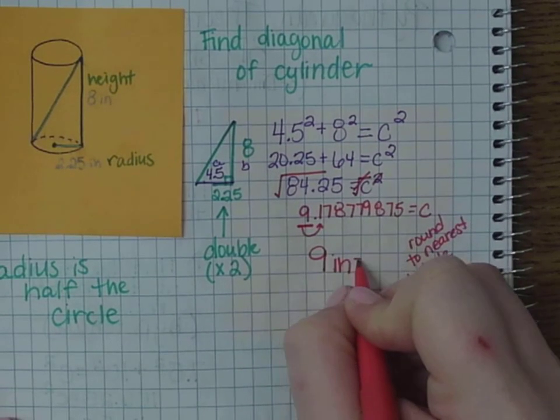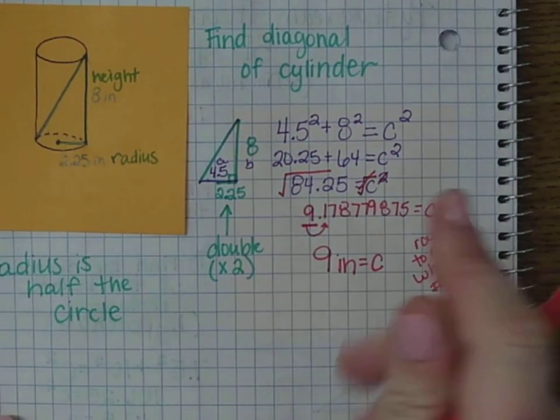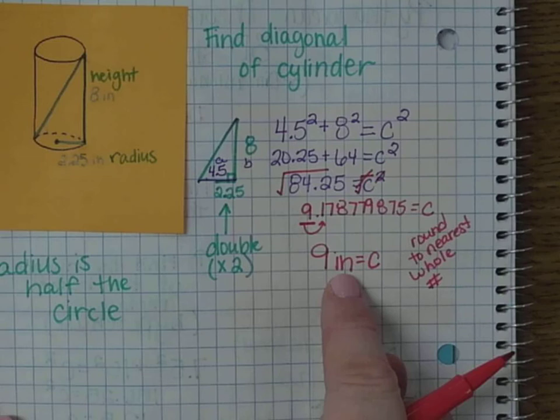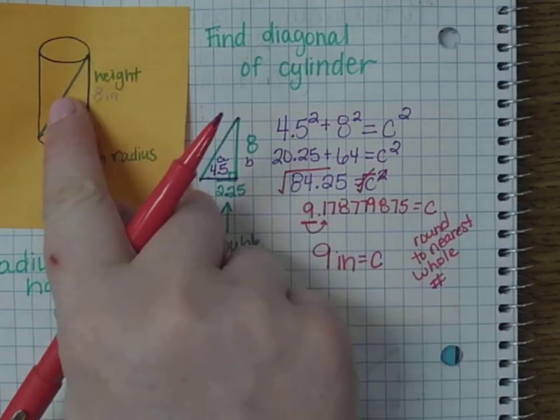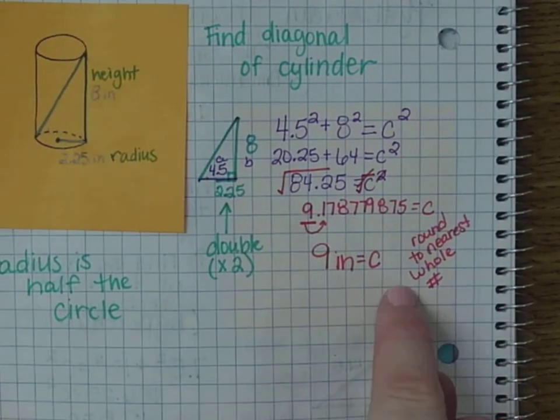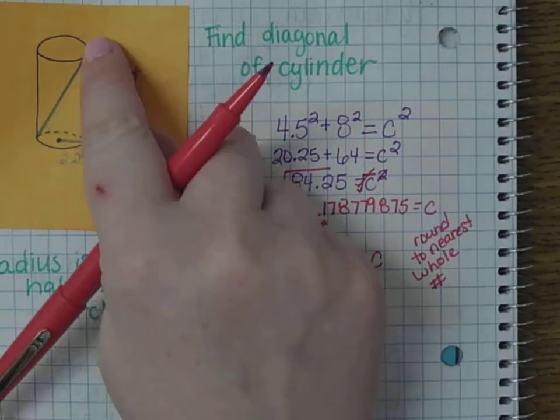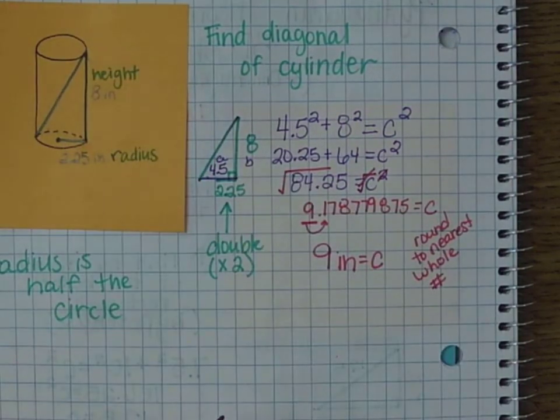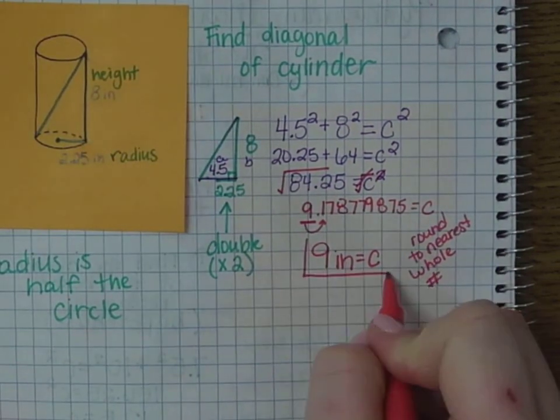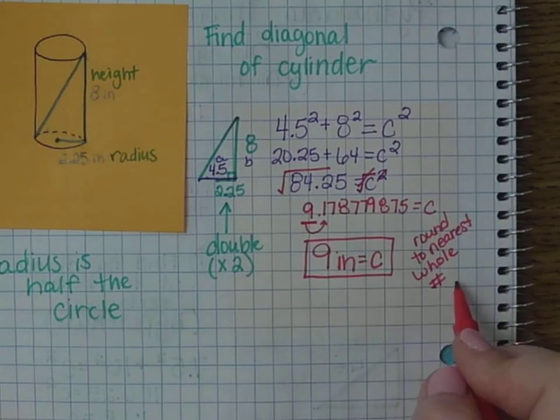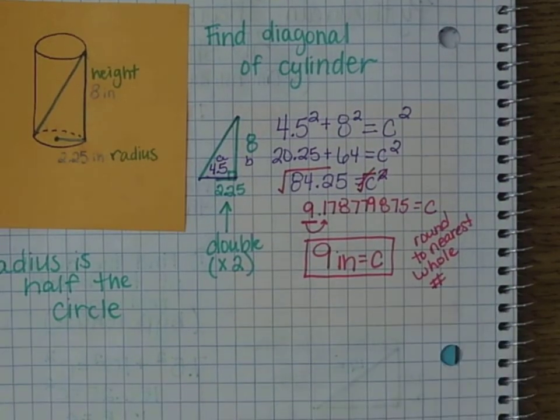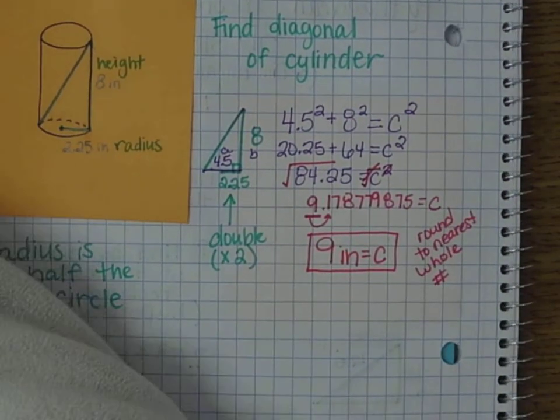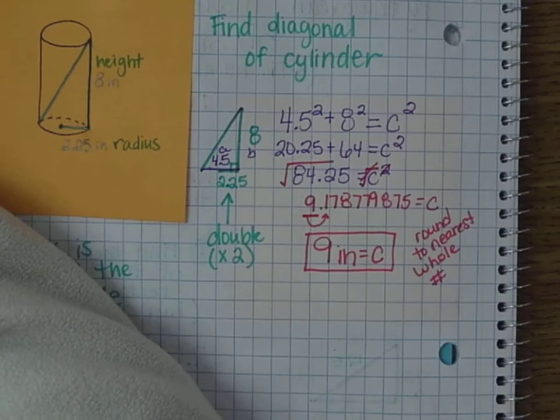So we'd say 9 inches equals C. So the largest thing I can fit in that object is 9 inches. Well, technically 9.1. But 9 inches is the largest thing I can fit into that cylinder. So that was rounded to the nearest whole number, or whole inch is what it'll say sometimes.